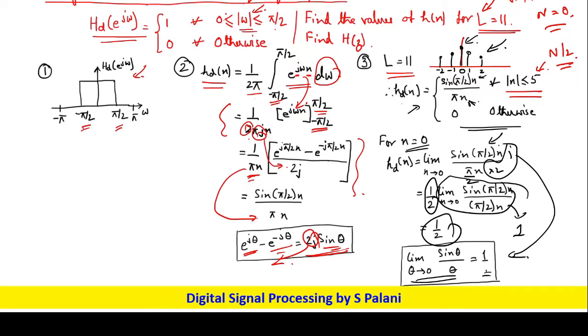Okay, across the origin. And what is the x-axis over here? Can you tell me what is the x-axis? Yeah, x-axis is n equals to 0, 1, 2, 3. And what is the y-axis? Y-axis is the amplitude. Okay, so we have hd(1) equals to hd(minus 1) equals sin of pi by 2 by pi, and it comes out to be 1 by pi.